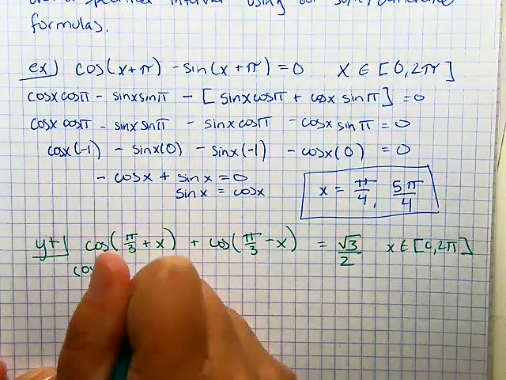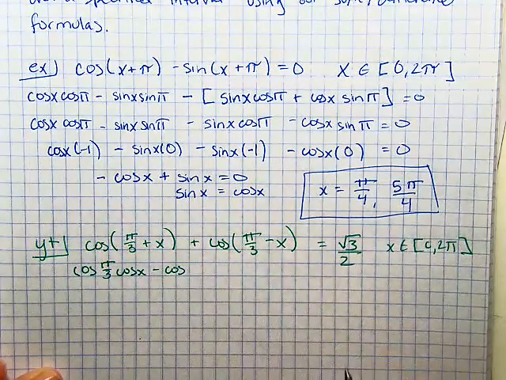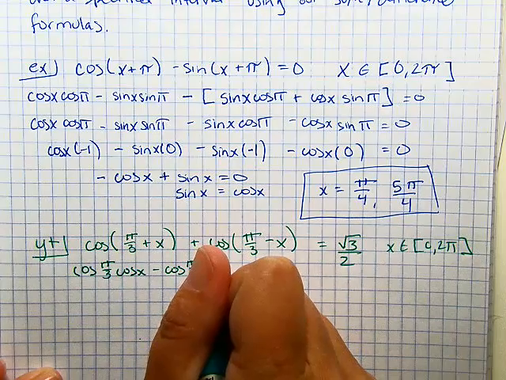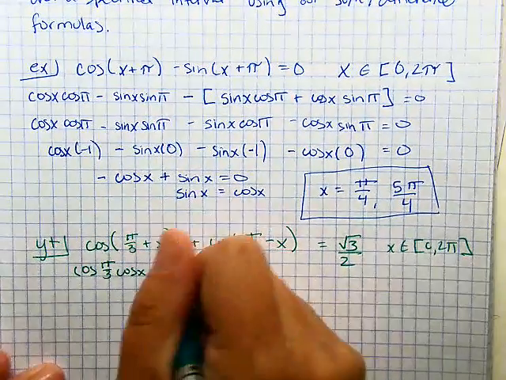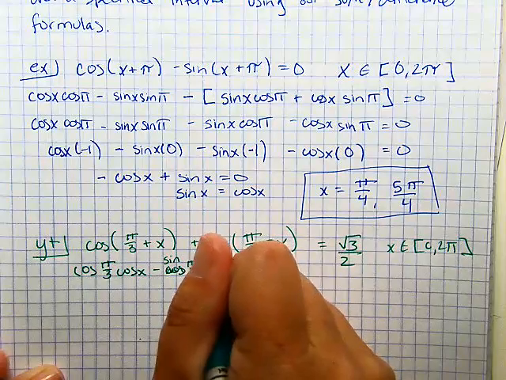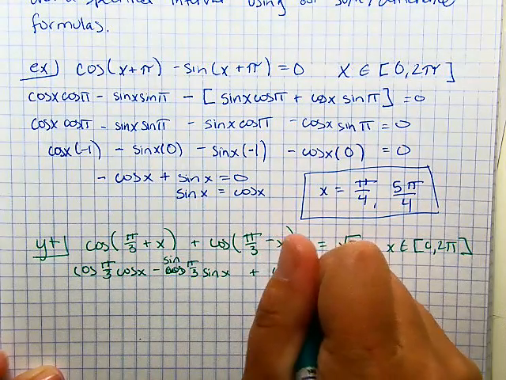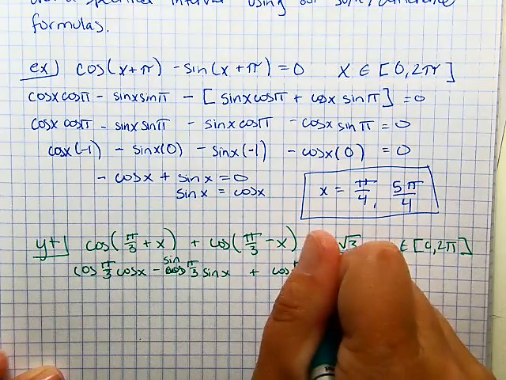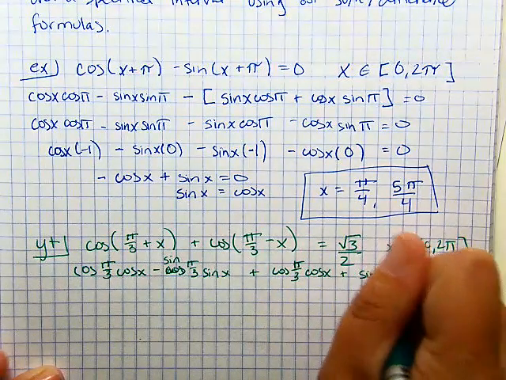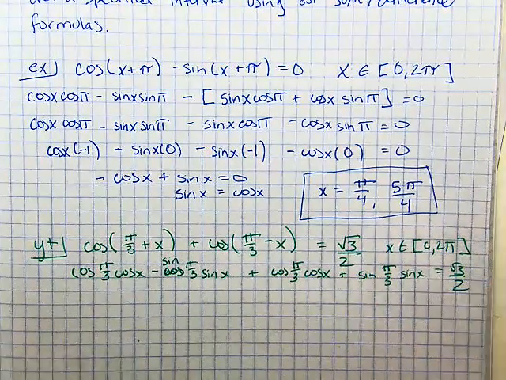So apply the formulas. This is not cosine, this is sine. And then this is add, so it'll still be cosine pi over 3 cosine x plus sine pi over 3 sine x equals root 3 over 2.